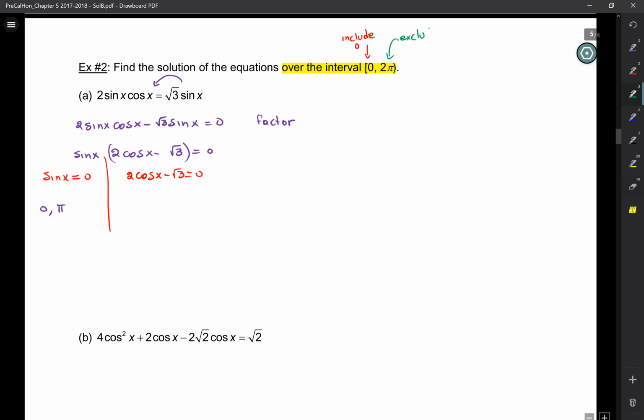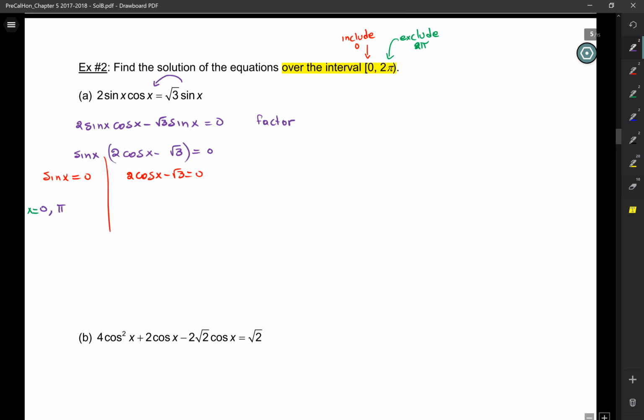So exclude 2 pi. Is that what Alex says? Alex is right. So sine of x is 0 at 0 and pi. Yes, it's 0 at 2 pi, but it's not asking us to include that, so we're good with 0 and pi.